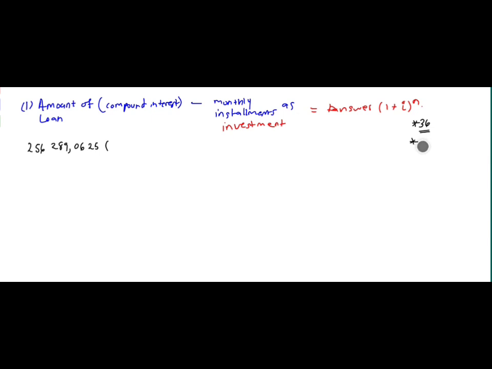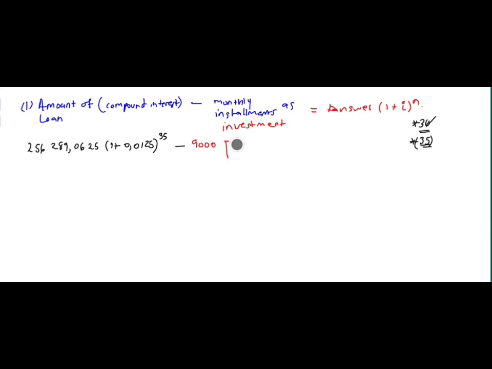So this means that the value of the loan will be calculated at 35 and not 36, because 35 is the second last number to 36. So this will be 1 plus 0.0125 to the power 35 minus, like I said before, you're going to treat the 9,000 as a monthly installment of an investment.